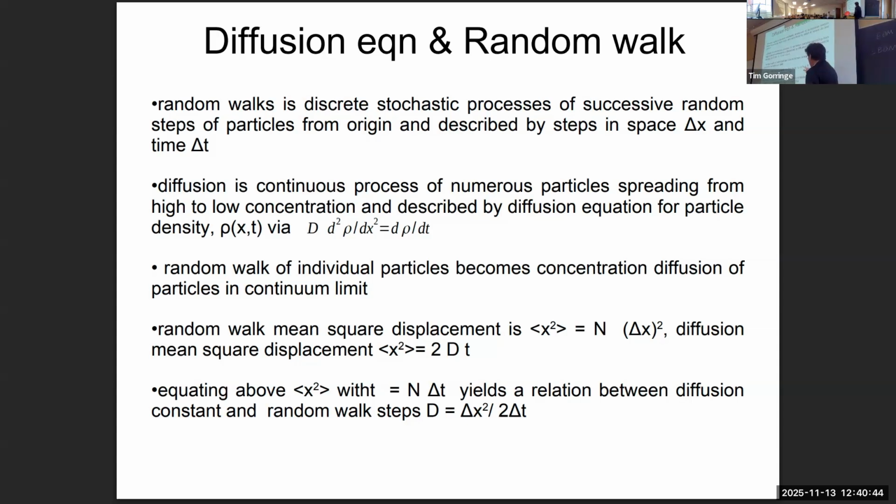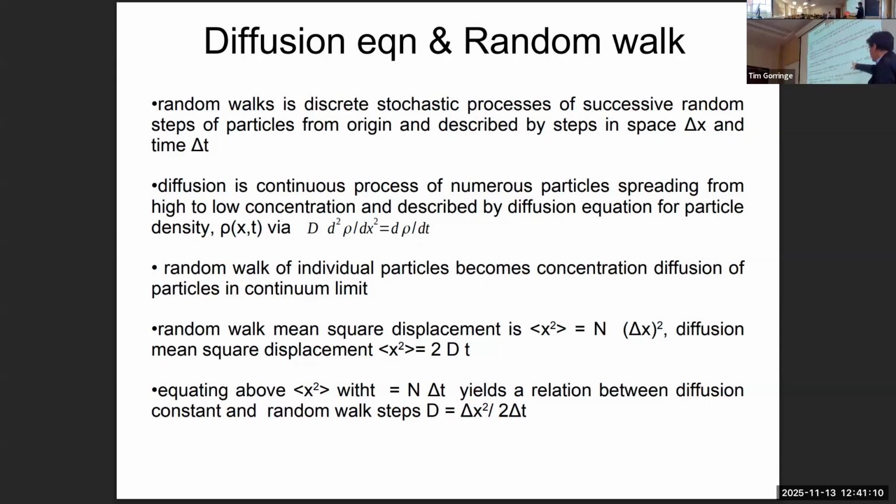And you can figure out the relationship between the two by considering what we worked out when we talked about the random walk. We figured out the root mean square of the random walking distribution of particles. You can do the same thing for the root mean square of the random walk of diffusion, this continuum limit of lots of particles.